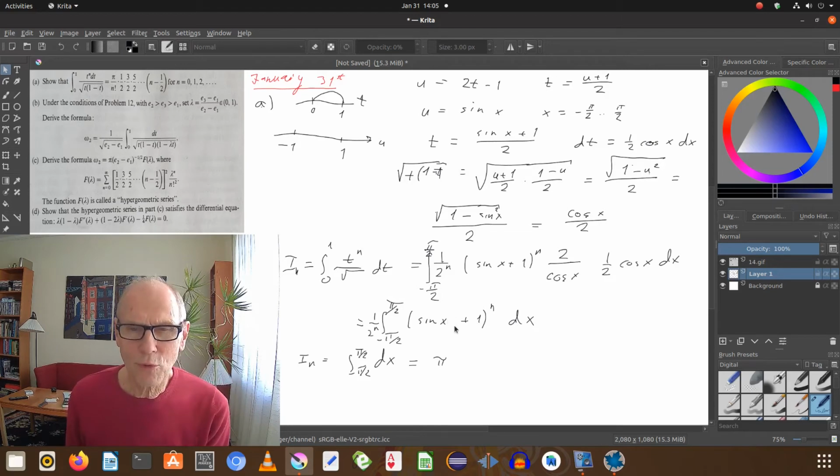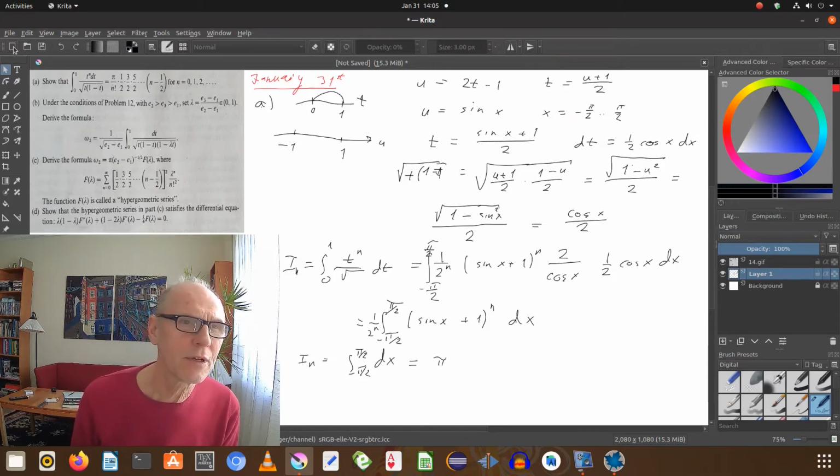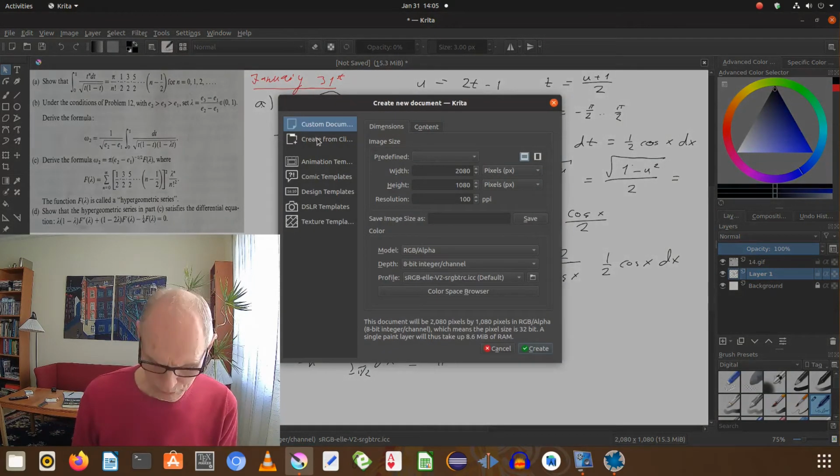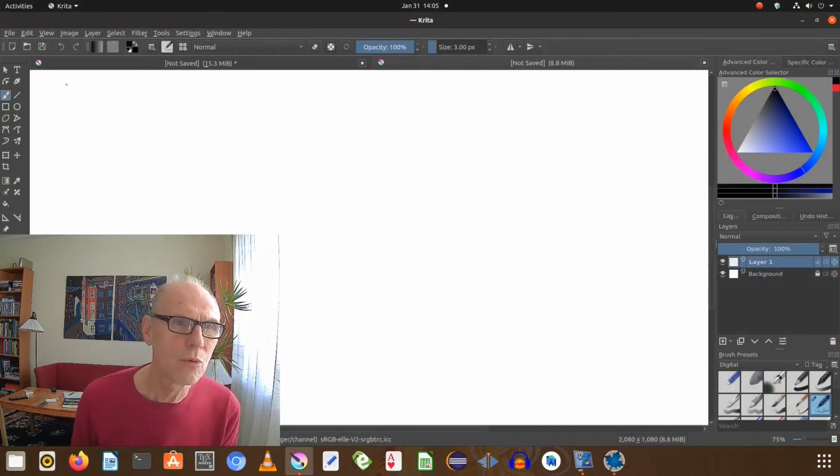So the brute force method is to expand the binomial form here, the binomial power. Let's see if that gives anything. That was it, wasn't it? Sine x plus 1.